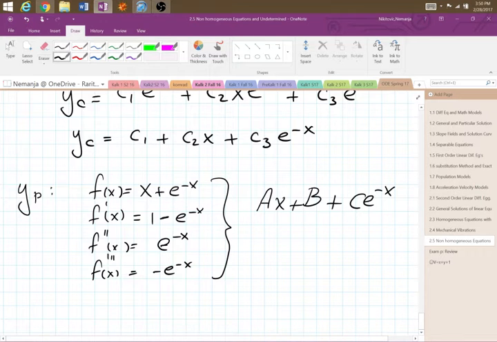Now what do we do for duplication? For duplications, we have to multiply them with either x or ln x to make them linearly independent. So that gets ln x, that gets ln x, that gets x. And then they become linearly independent.